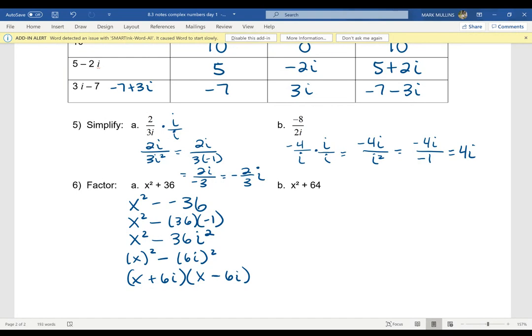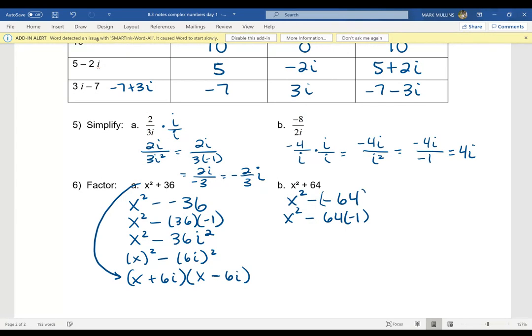So let's check out our last one. This is something where once you get good at these, you can go from A to your final answer. You can skip all the work steps. But when we're first doing them, especially in our notes, we want to have something to look back on. We want to remember why and how we did this. So x squared minus -64 is x squared minus 64 times -1. Remember, we changed a plus to a minus negative. Perfectly legal in math.